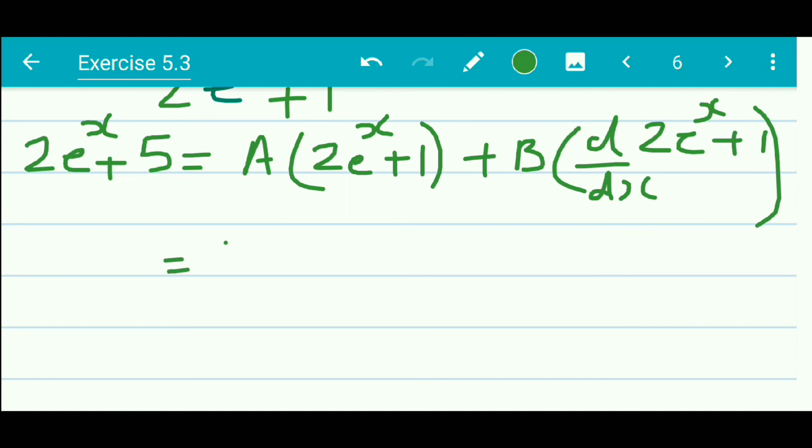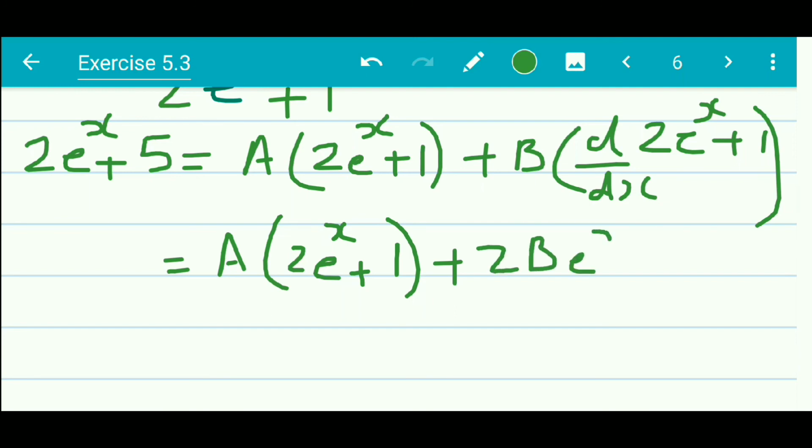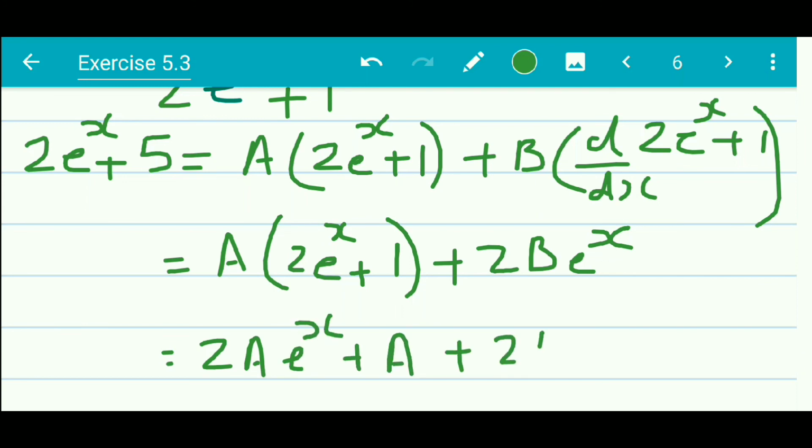Then the next step, that is a into 2 e raised to x plus 1 remains as it is, plus the derivative of 2 e raised to x is 2 e raised to x itself. So we get 2b e raised to x. And 1 becomes 0. Then we open the bracket. So we get 2a e raised to x plus a plus 2b e raised to x.